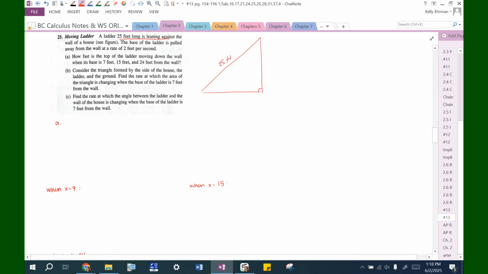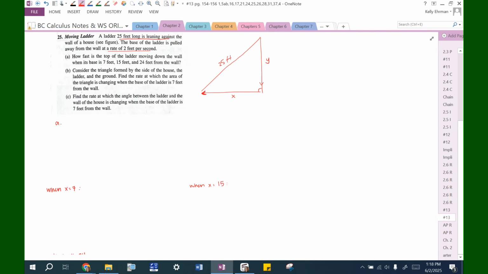And the base of the ladder is pulled away from the wall at a rate of 2 feet per second. So here's the base of the ladder. It's heading this way, which means the top would have to be sliding down. I like to call horizontal distances x and vertical distances y as much as I can.